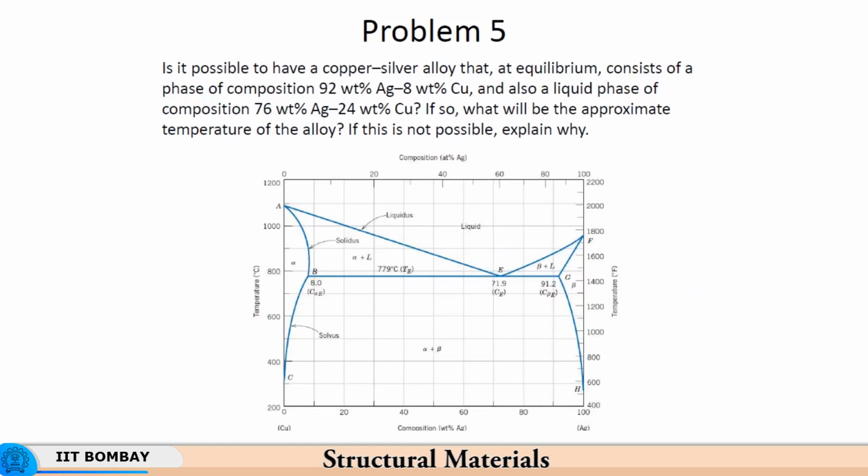Coming to problem 5, you have a question about a copper-silver alloy. Is it possible to have a copper-silver alloy that at equilibrium consists of a phase of composition 92 weight% silver, 8% copper? Here you have a phase diagram where silver increases along the x axis and there is a temperature, of course. When you say 92% silver, you are coming somewhere close to this.